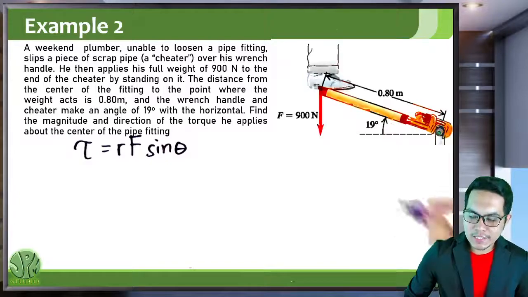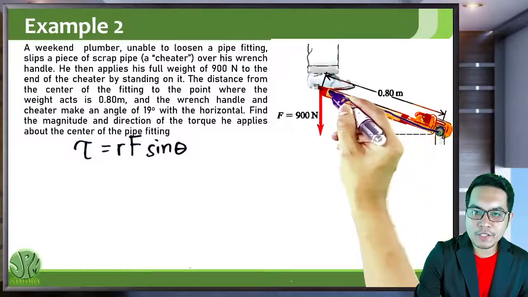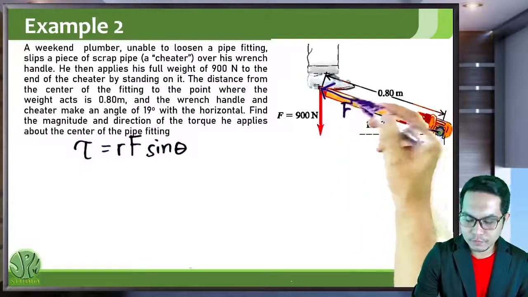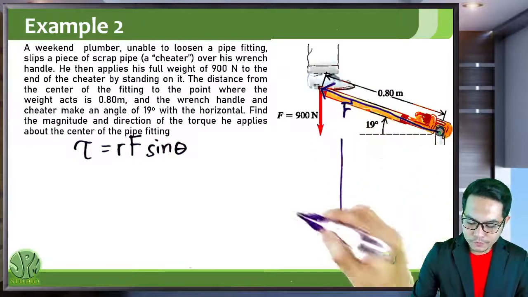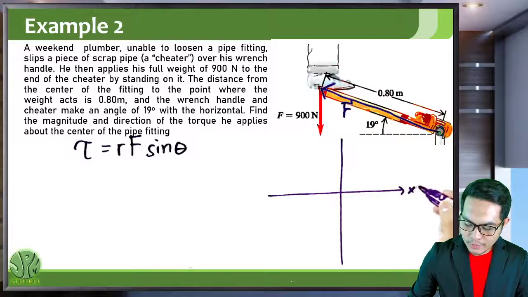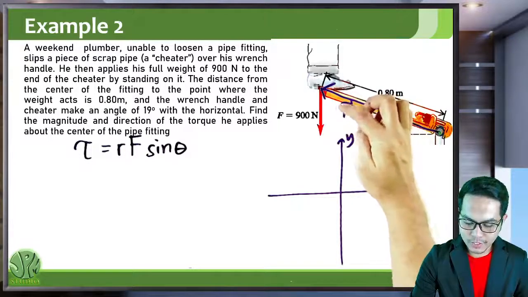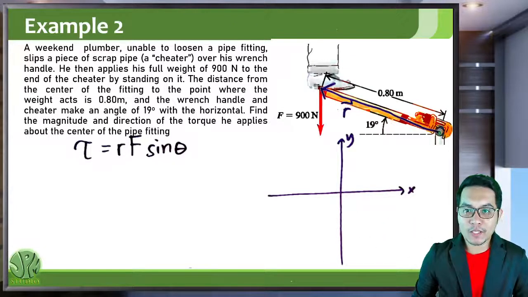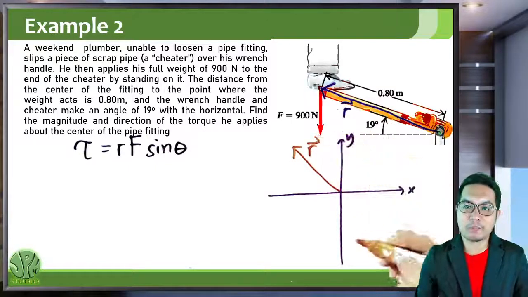This is the R vector from the axis of rotation towards the point of action, that is our R, and that is our F. Now, if we draw an XY coordinate system, our radius vector is actually in quadrant number 2.